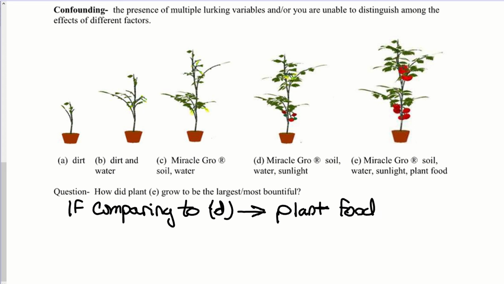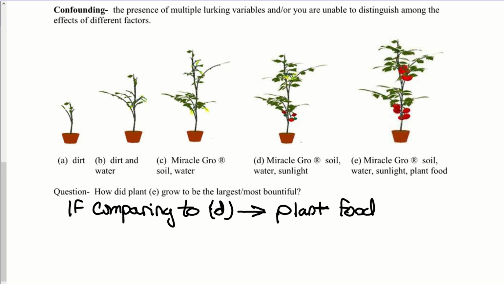If I'm comparing it to D, it was just a plant food. That's what made the difference. Because it looks like the height of the plant is relatively consistent from C to D to E. You know, a little bit taller for E, but in the same neighborhood, right?